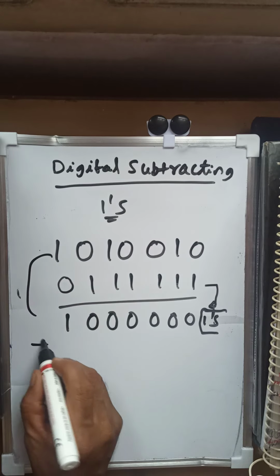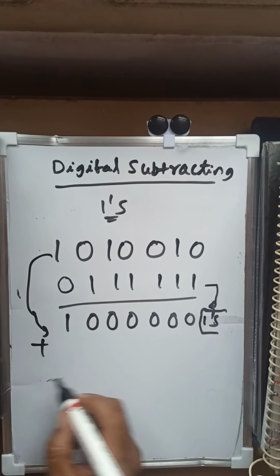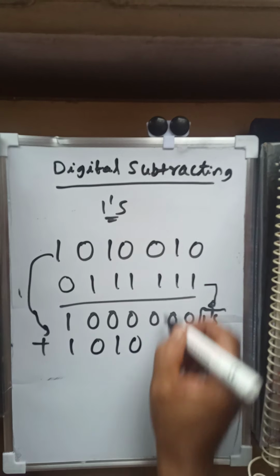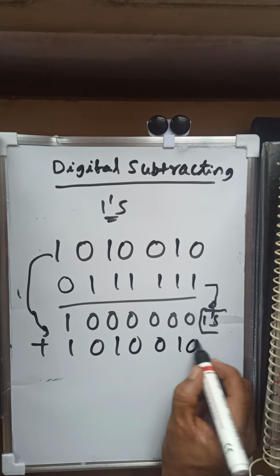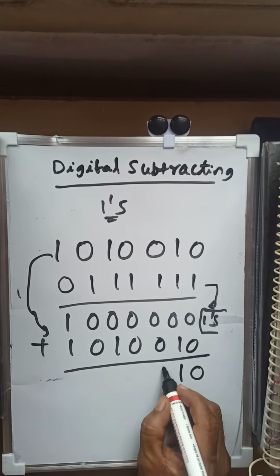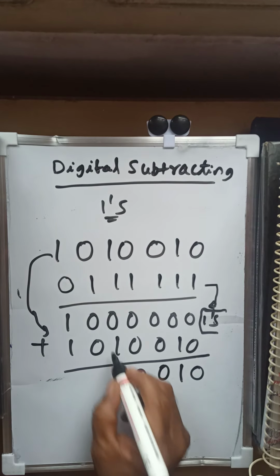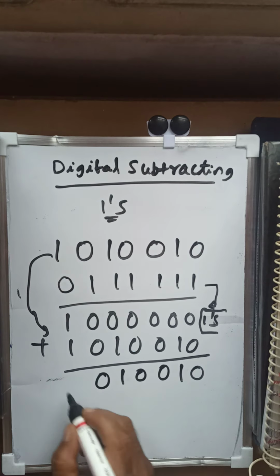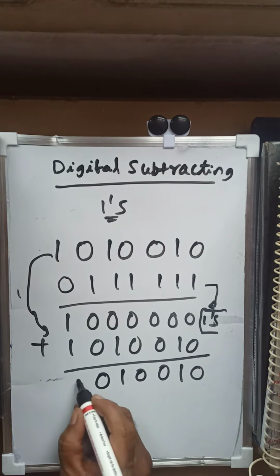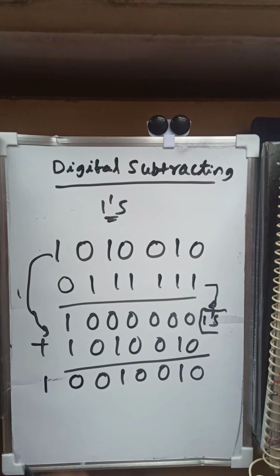And then add this number, that means 1 0 1 0 0 1 0, and add the complement. Adding, 1 plus 1 is 0 as the sum, and the carry is 1.